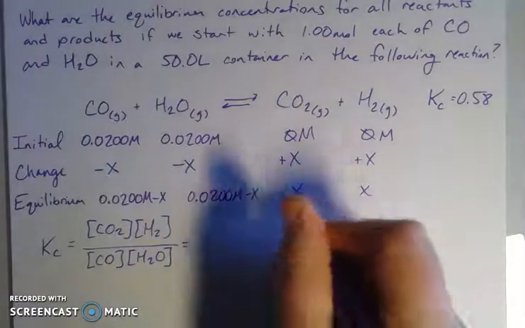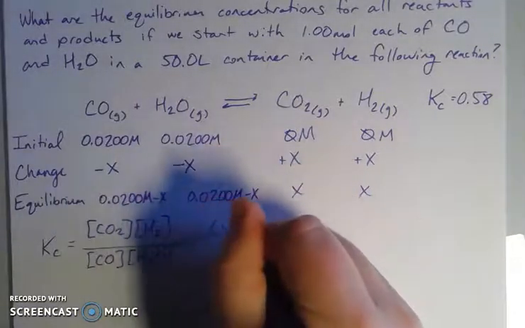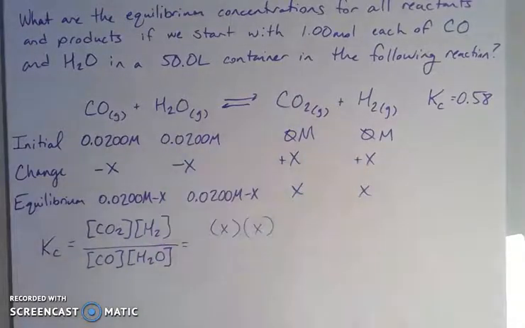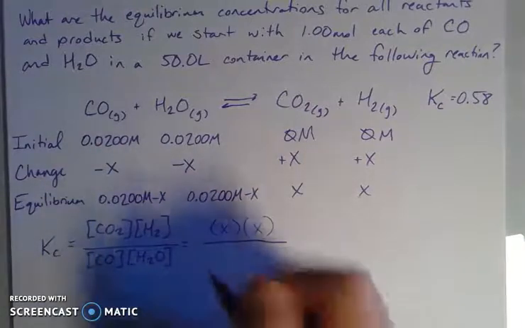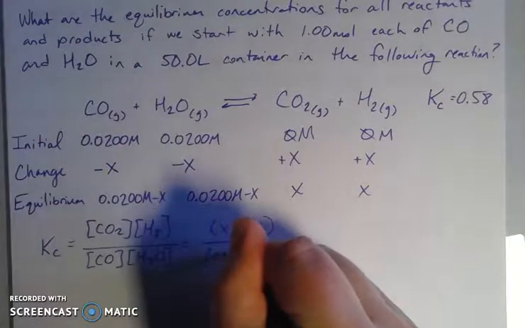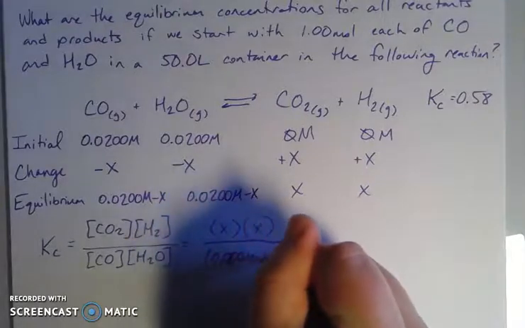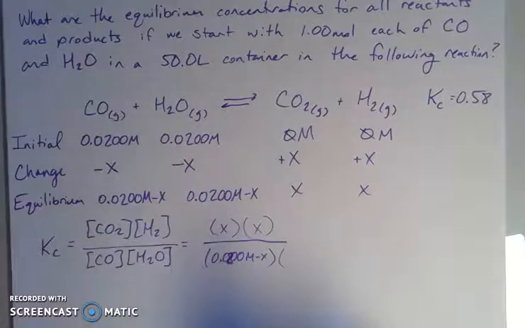My concentration for carbon dioxide at equilibrium is X, and my concentration of hydrogen at equilibrium is X. At equilibrium I have 0.0200, whoops, forgot my 2, molar minus X for my carbon monoxide, and for my water, the same.